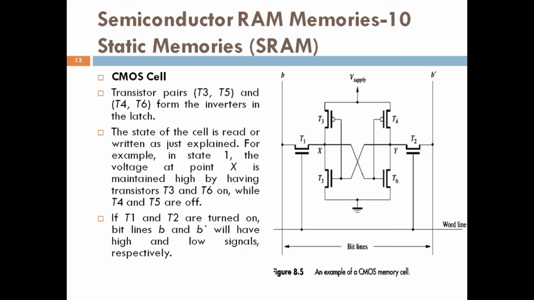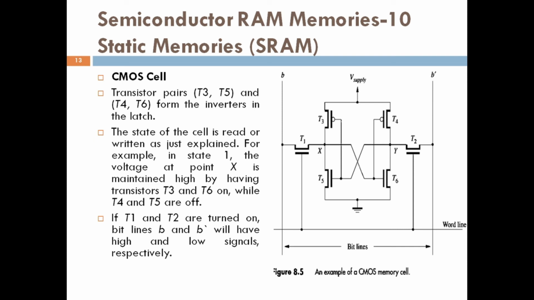Here the transistor pairs, that is T3, T5 and T4, T6, will form the inverters in the latch. The state of the cell is read or written as I explained in the previous slide.